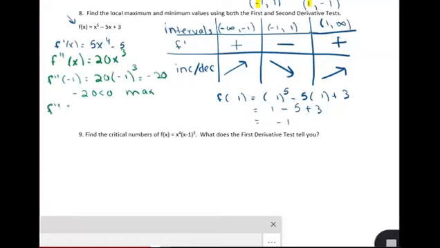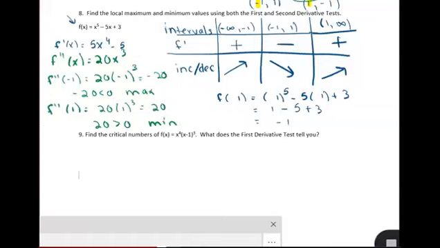And then our second derivative, checked at 1, is going to look like 20 times 1 to the third, which is going to give us +20, and +20 is greater than 0, so that's going to give us a min. And that's what we figured out before.